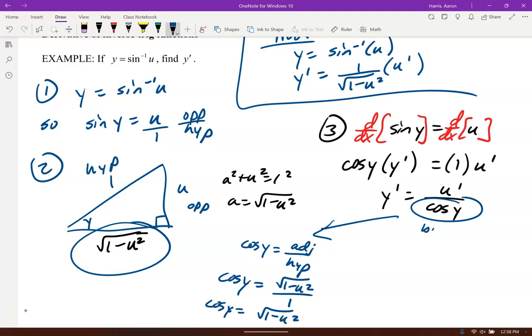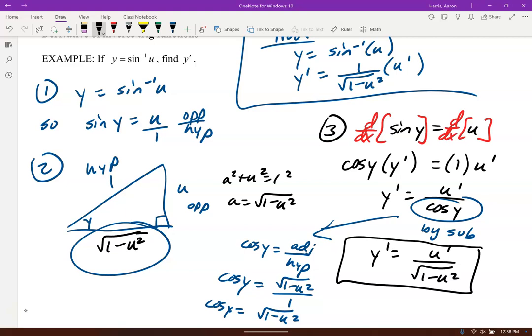By substitution then, replace that. So I have u prime over the square root of 1 minus u squared. That's the derivative. So we just proved the derivative of the arcsine. So that's one of your formulas. It's 1 over the square root of 1 minus u squared times chain rule, the derivative of u. Okay. Let's do one more of those.